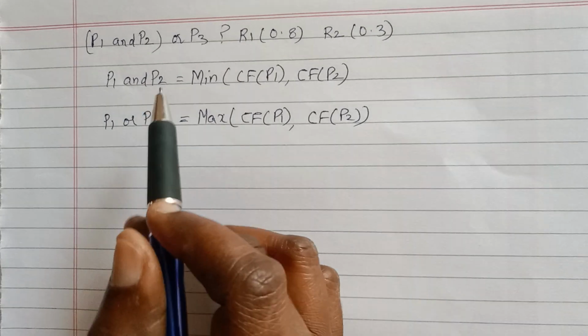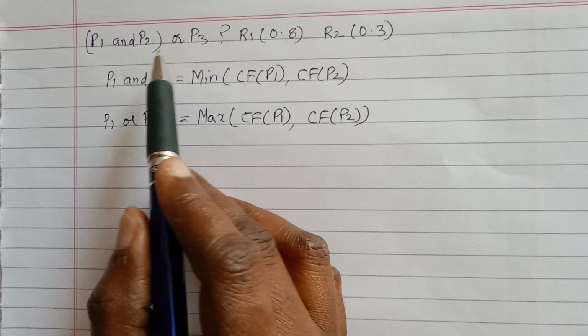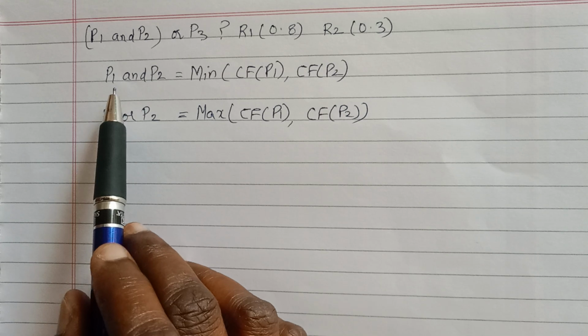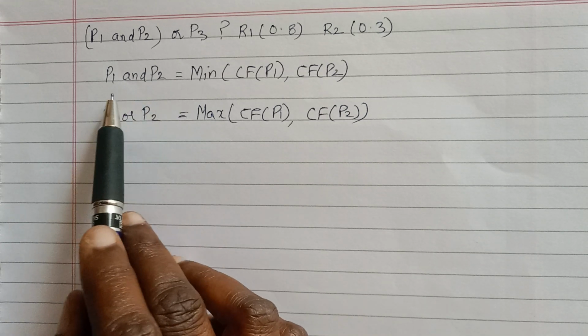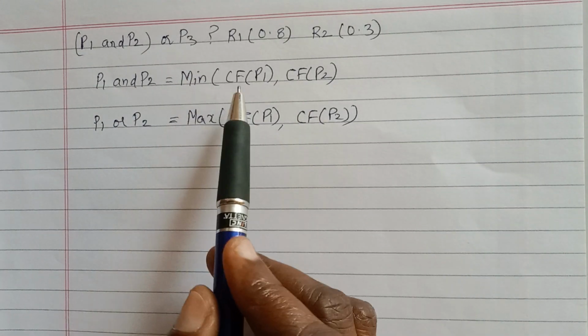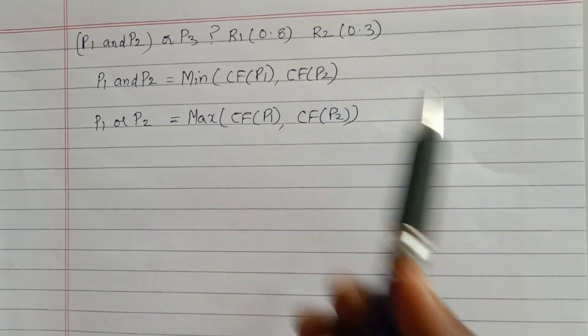Here they have given the rule P1 and P2 or P3. You know that if P1 and P2, that is premise 1 and premise 2, are to be true, then the certainty factor will be the minimum of the certainty factor of P1 and the certainty factor of P2.